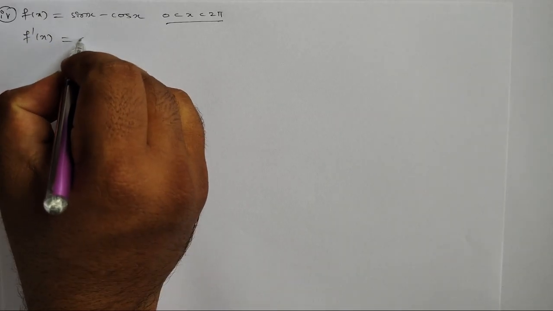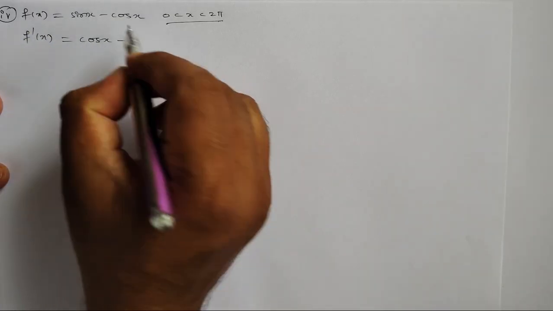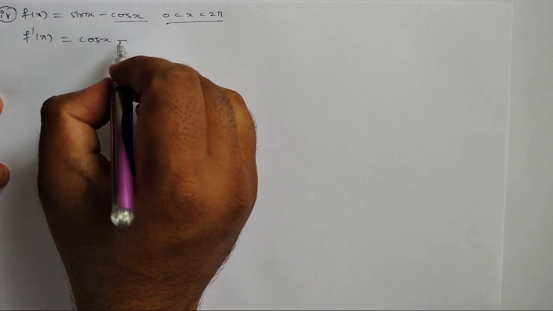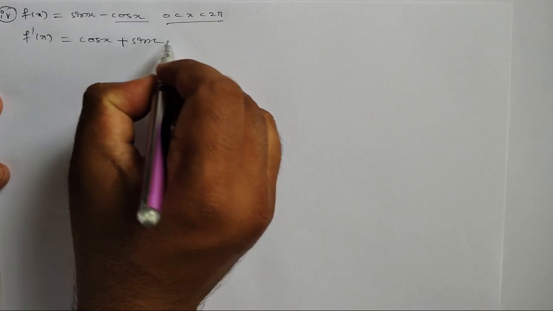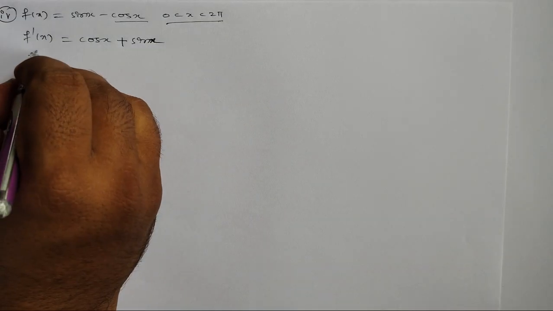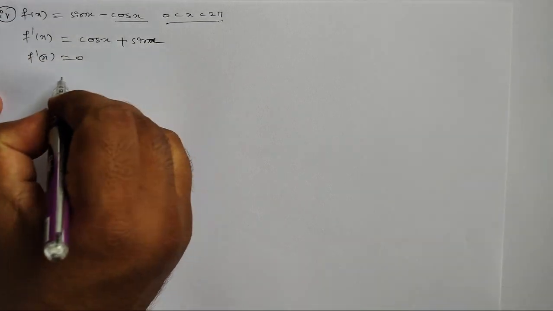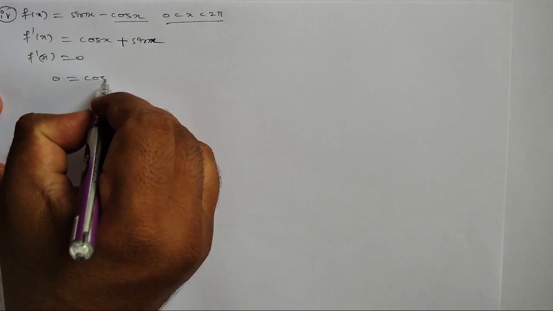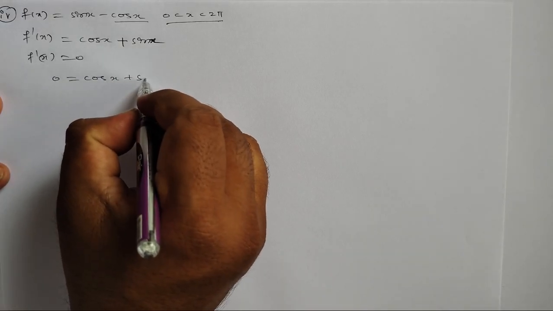What is the derivative of sin x? Sin x derivative becomes cos x, minus what is the derivative of cos x? Minus sin x, so minus minus becomes plus sin x. So f dash of x is equal to 0, then 0 is equal to cos x plus sin x.